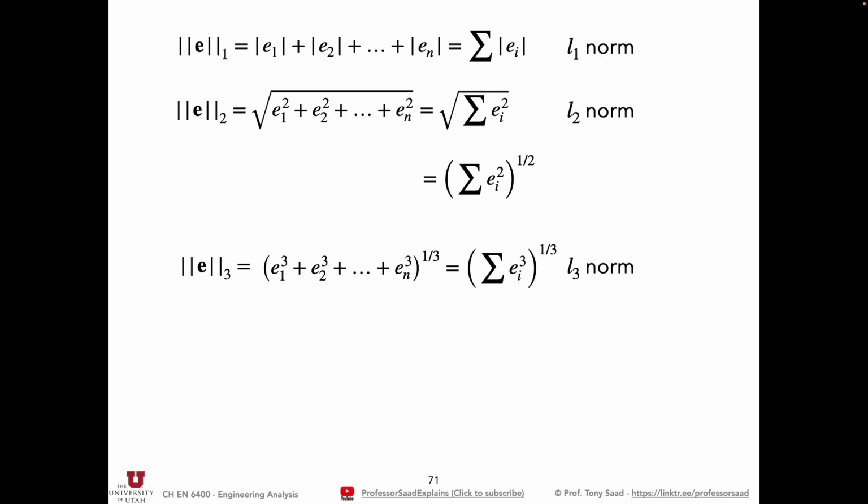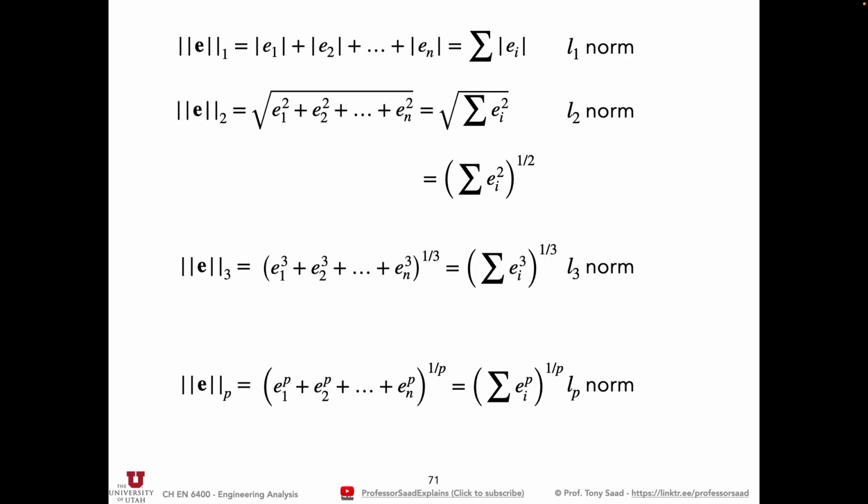Turns out you can define other L norms. This should be in absolute value as well, so I'll fix it before I upload the slides. L3 norm is the summation of the entries cubed to the power 1 over 3. In general, you define the Lp norm, which is the summation of all entries to the power p, all to the power 1 over p.